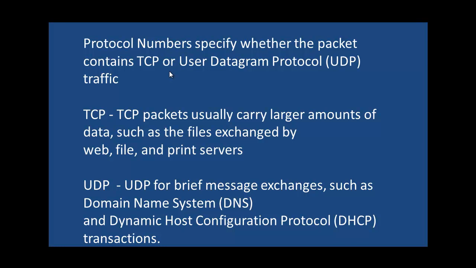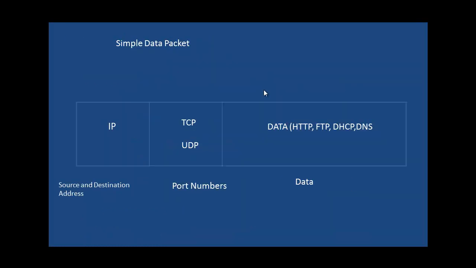The TCP packet will be used if you are using a large amount of data, such as files exchanged by the web and print servers. And then UDP is used for brief message exchanges, such as DNS and DHCP transactions.